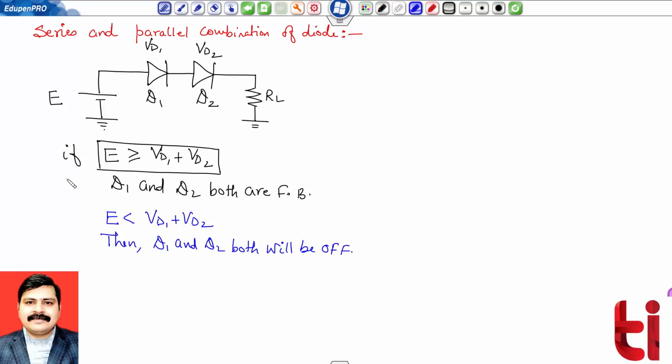Okay. So this is my case number one and this is my case number two. For case number one, the circuit will be like this. Each diode is replaced by a battery of value VD1 and VD2, and the load resistance is there.